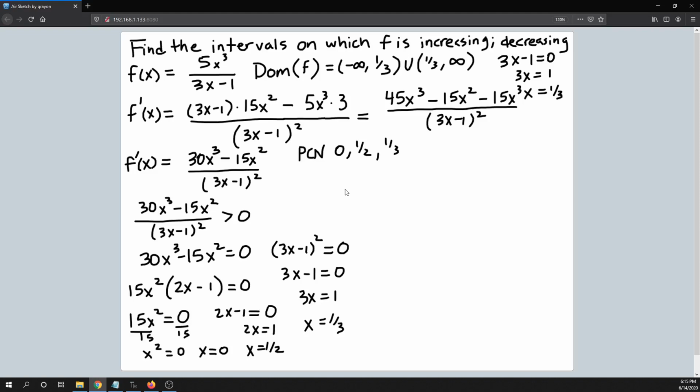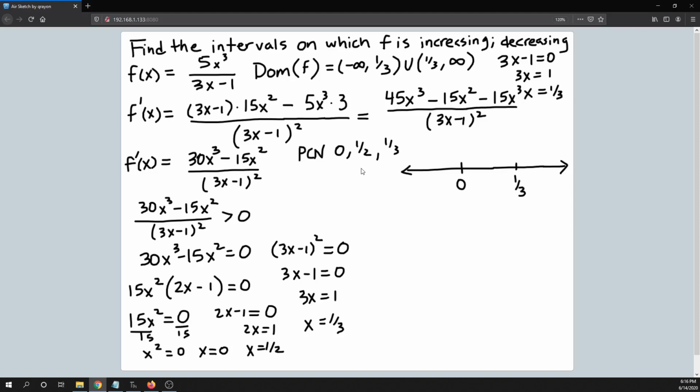All right, so I'm going to do that right here. I'm going to put 0 right here, and make sure that you respect the order of the number line. 1/3 is in between 0 and 1/2.